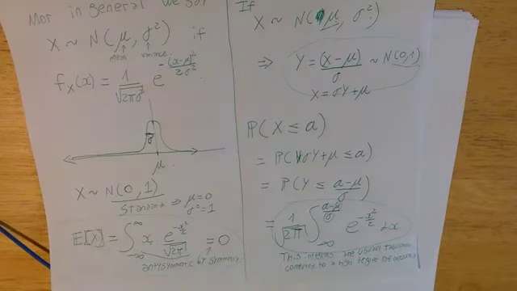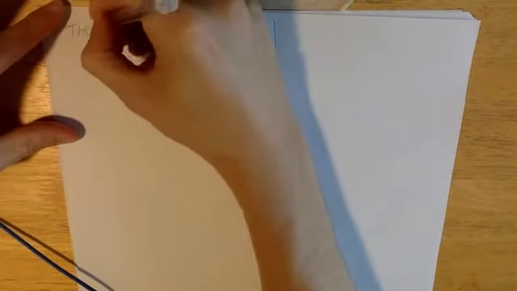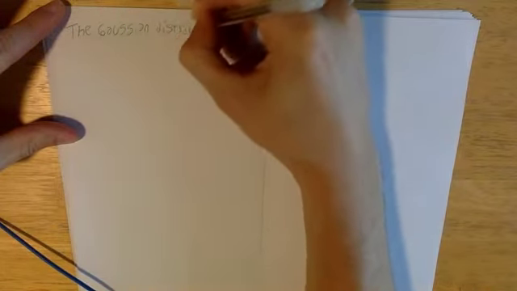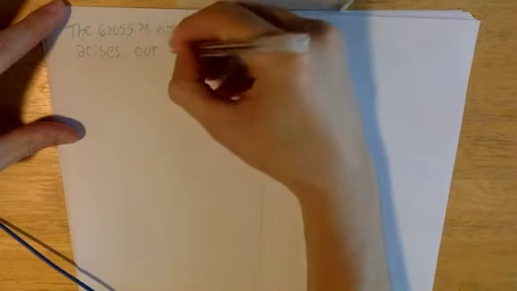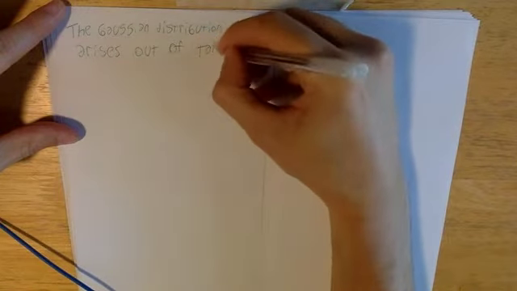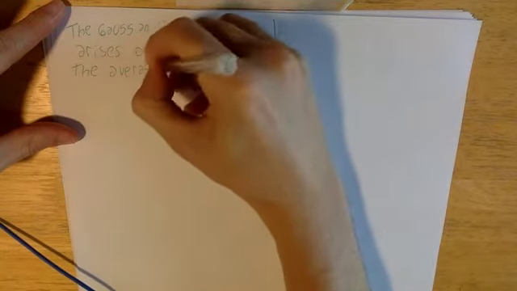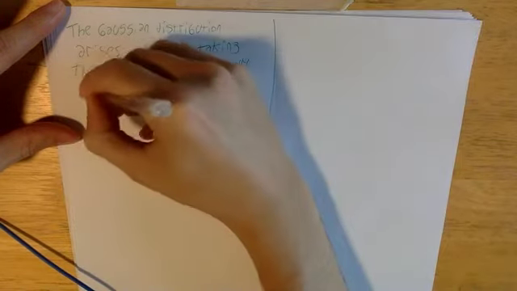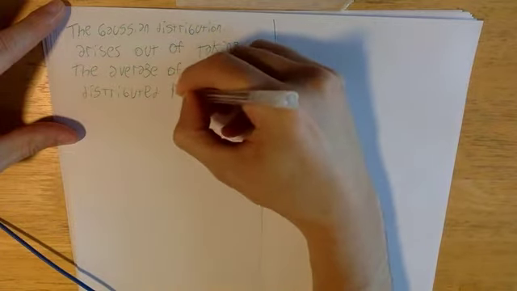Okay, so in terms of motivation for why we want to look at the Gaussian for a process, the idea is that the Gaussian is what results after taking a bunch of averages. The Gaussian distribution arises out of taking the average of identically distributed processes.